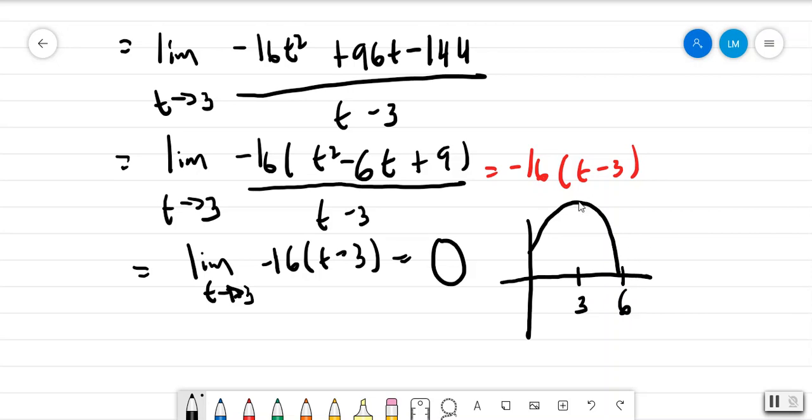So notice that it gave us that the instantaneous rate of change was equal to 0. When you interpret this, that tells you that the tangent, or the rate of change, at 3 is 0. So what that means is that technically you found the max height.